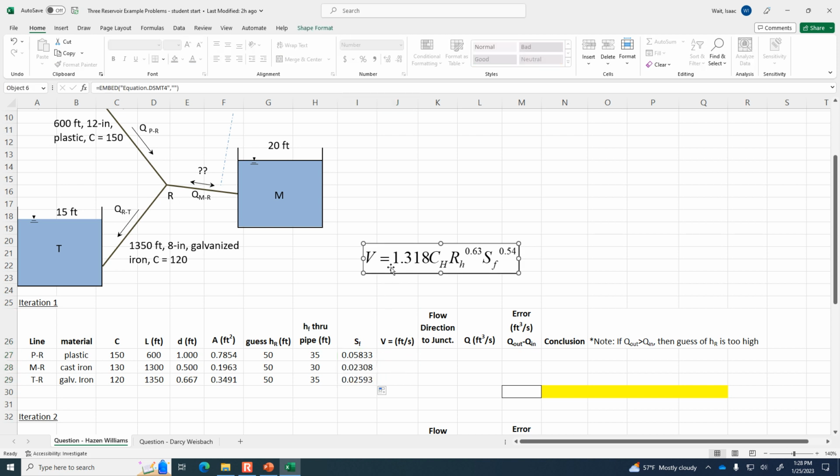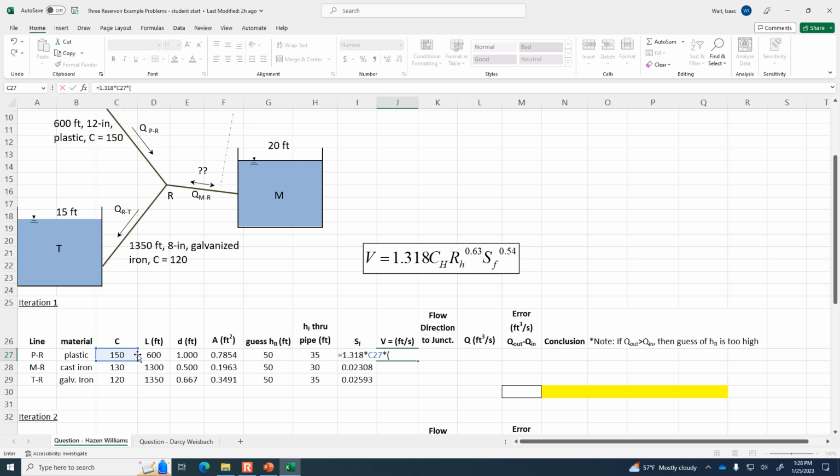Velocity, we're going to use the Hazen-Williams equation, equals 1.318 times C times the hydraulic radius. For hydraulic radius, remember if this is a circular conduit that's flowing full, the hydraulic radius is d divided by 4.